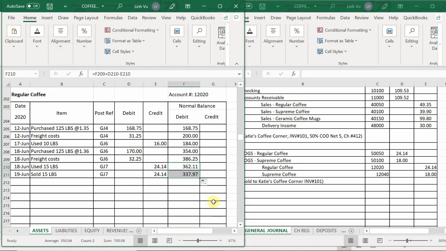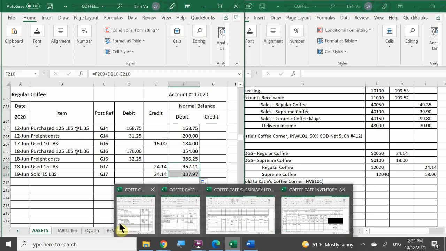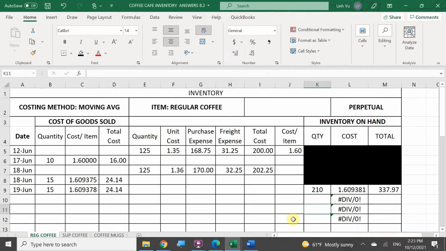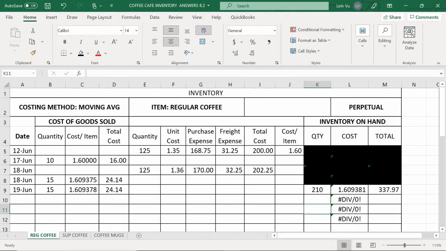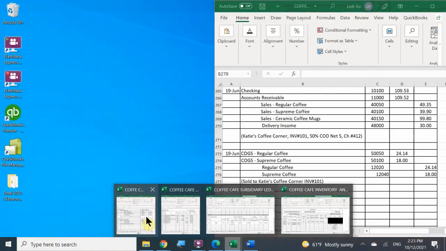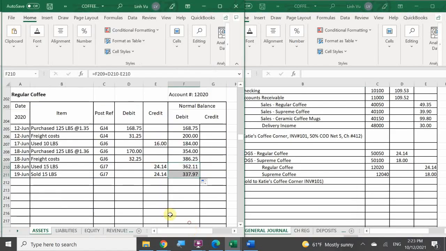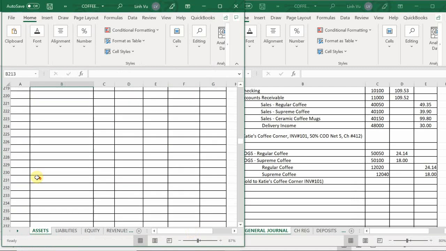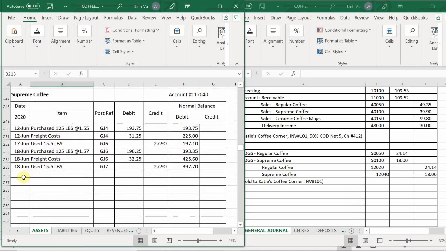So we have a 337.97. Good. And does that match our inventory worksheet? 337.97 does match, okay? Next one here is to update our Supreme, right?